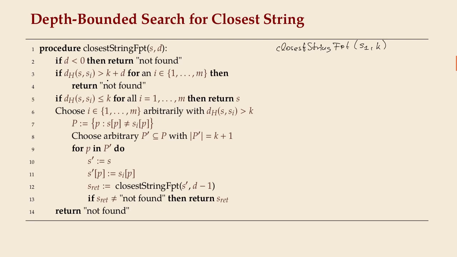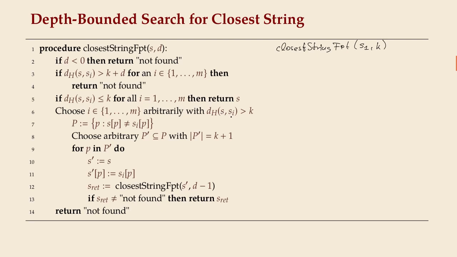Now the interesting part is when you don't have a hopeless candidate, but you also don't have a solution for the full problem yet. That means there are some of the strings Si where you have more than k mismatches, so it's not yet a solution, but also not too many. In that case, you pick all the mismatch positions and take a subset of a certain size, and then essentially try to modify your candidate by just setting that position so that it matches that one string from the input.